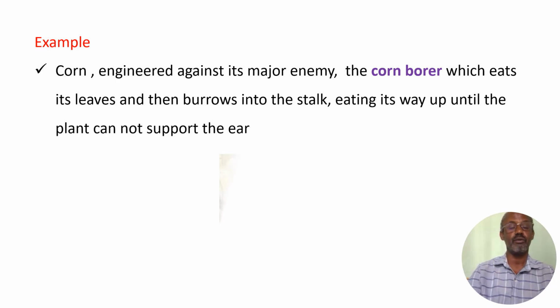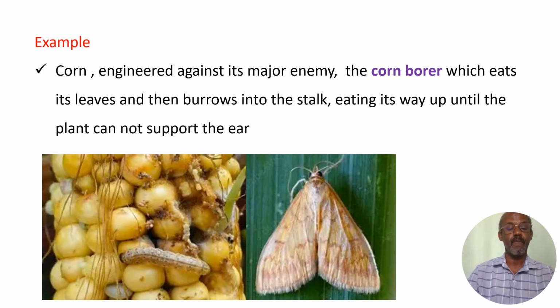Imagine it destroys the plant. You can see this is the worm, the adult moth, and its larvae here. This is how it destroys corn, especially as the number one enemy of the corn plantation. Of course, it destroys the seeds, and it even bores into the stem.